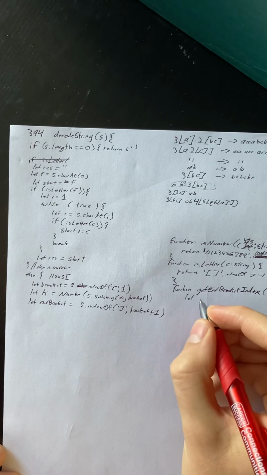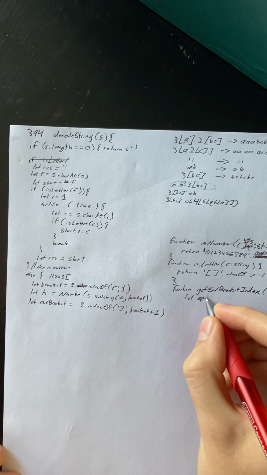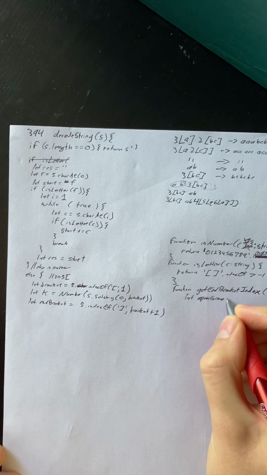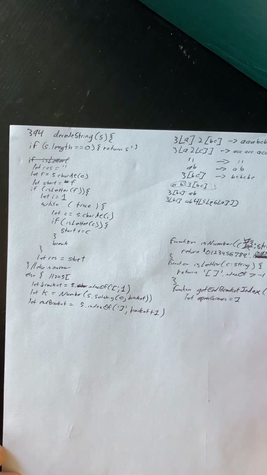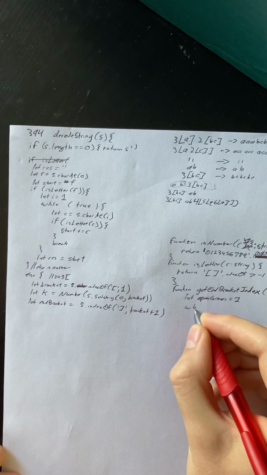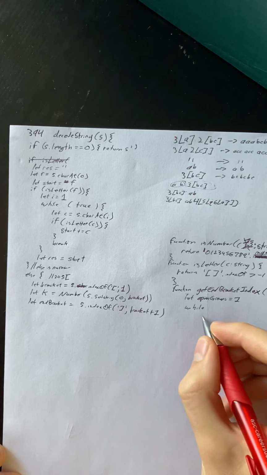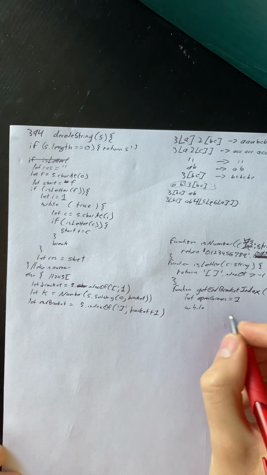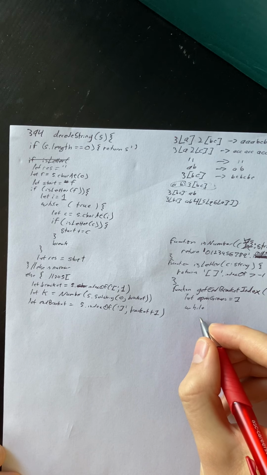So we're going to say let open groups equal 1. So this is going to be the index of the start bracket. While something, we're going to loop through one character at a time.